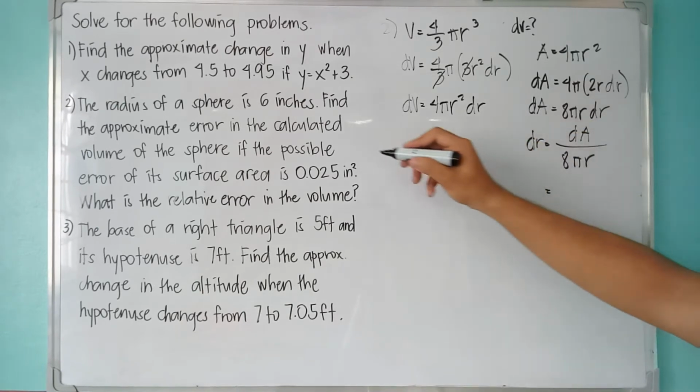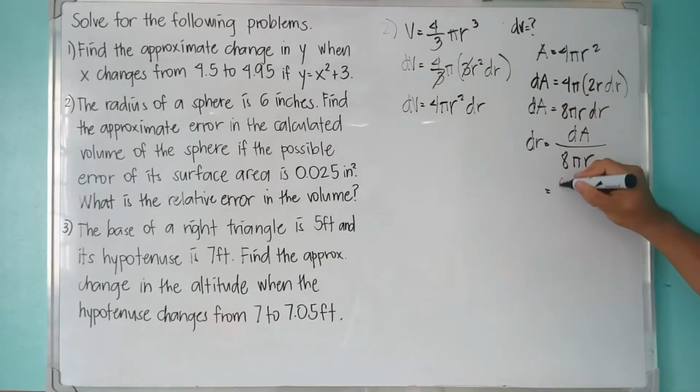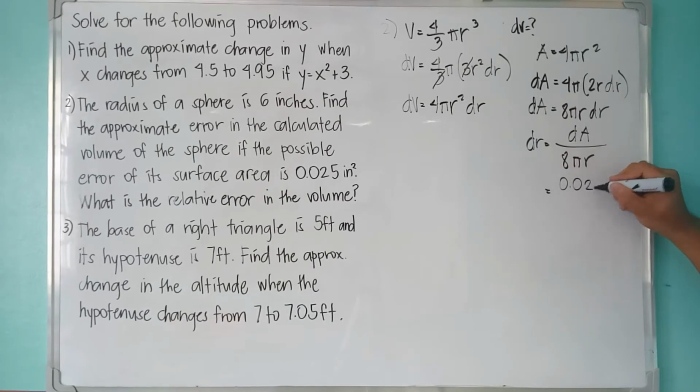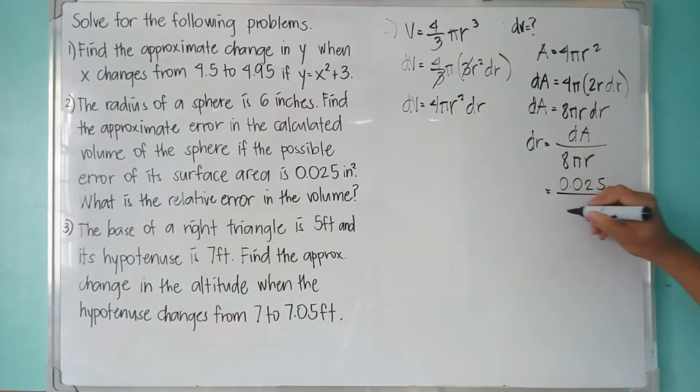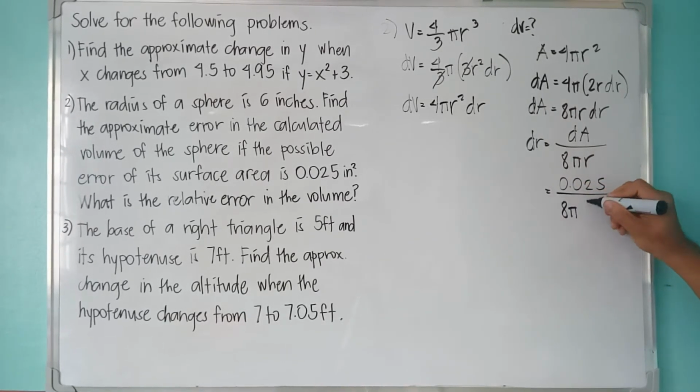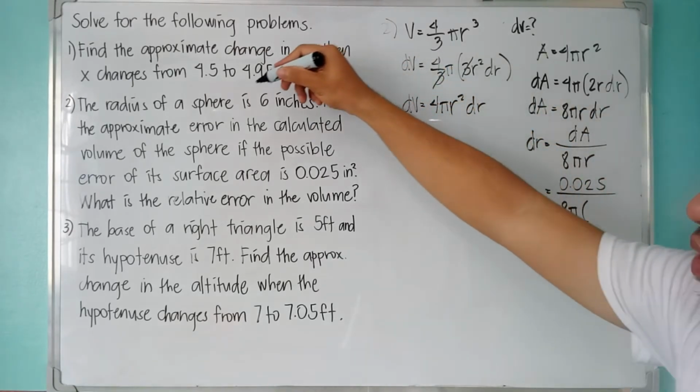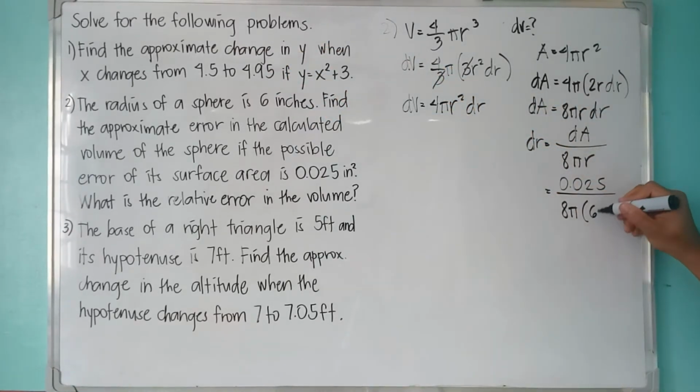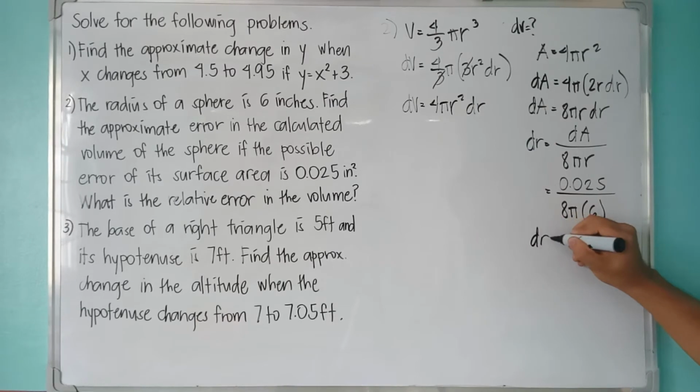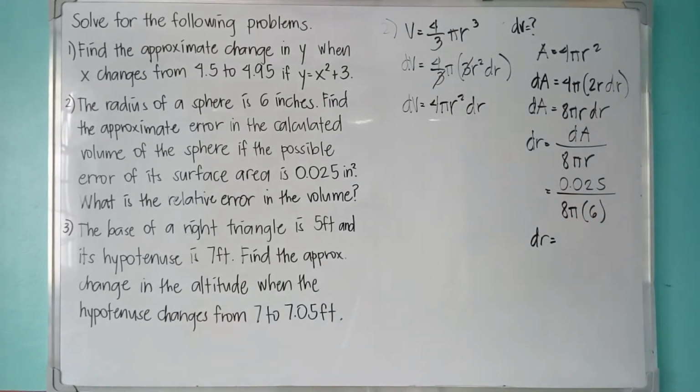Then, substituting the values, yung derivative ng A natin or yung error ng surface area is 0.025 all over 8 pi times yung radius natin, which is given as 6 inches. So yung dr natin equal siya ngayon sa, calculator ko, guys, check nyo na lang din yung value sa inyo. Meron tayong 0.025 divided by 8 pi times 6.